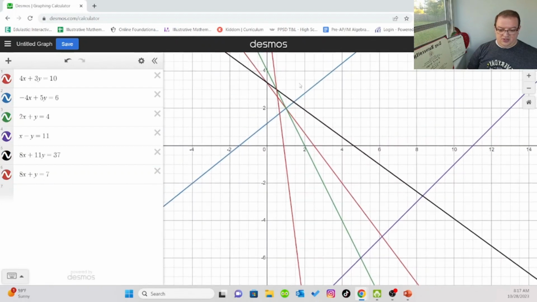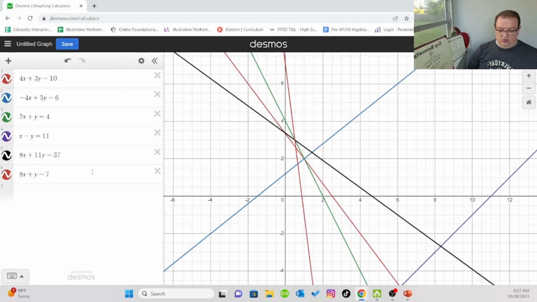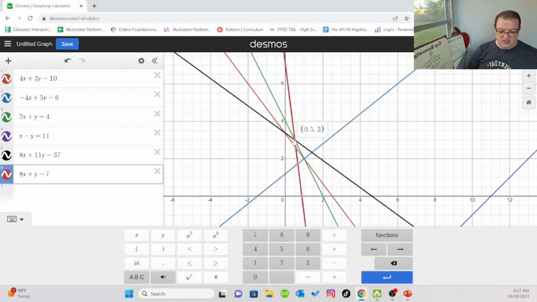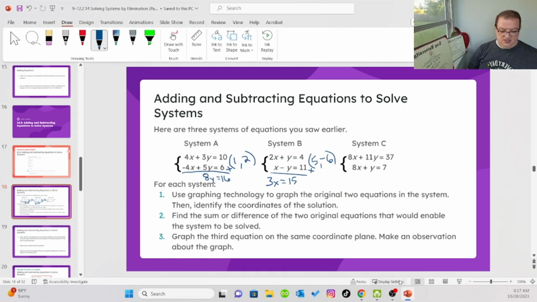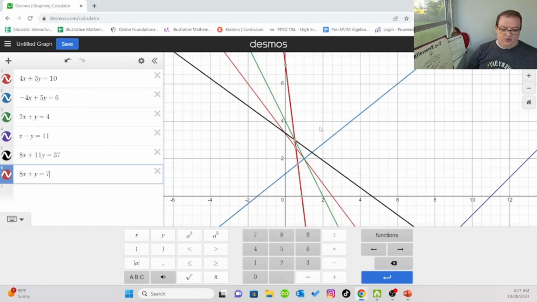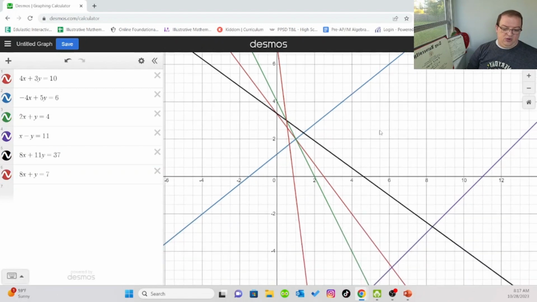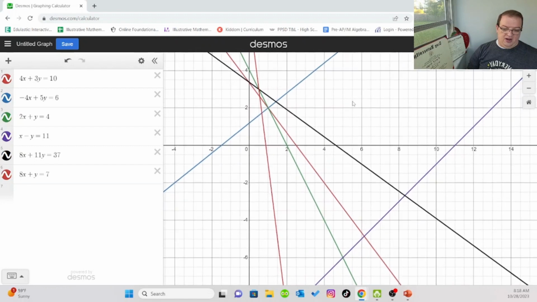So if we were going to look for the answer, we would be looking for the point where they cross, which would be this point right here. So if we look, notice that every time we found a solution, we were looking for the points where they would cross.